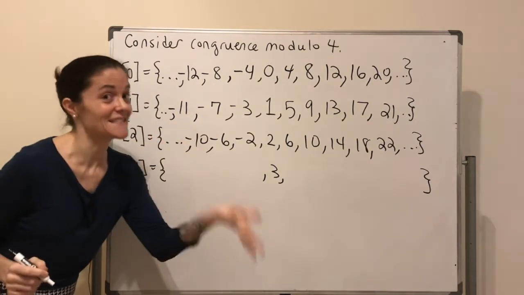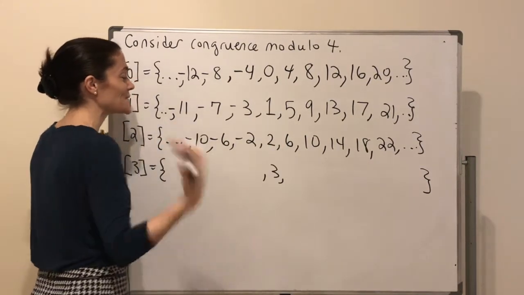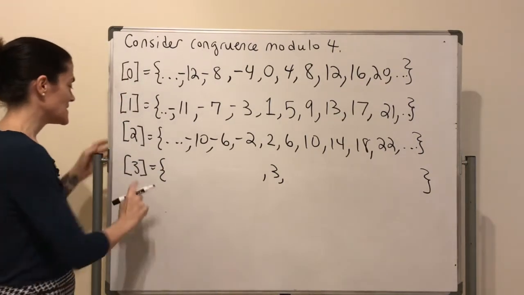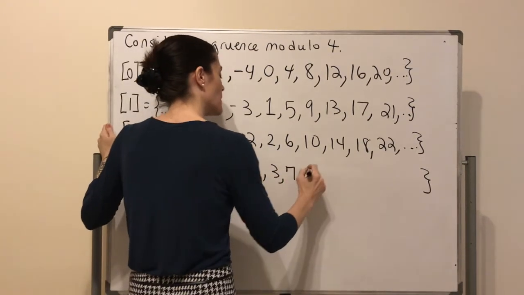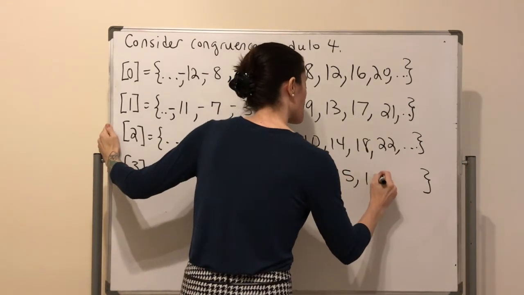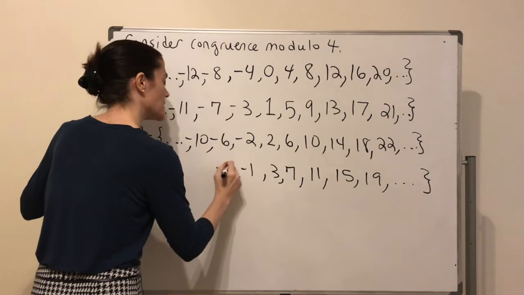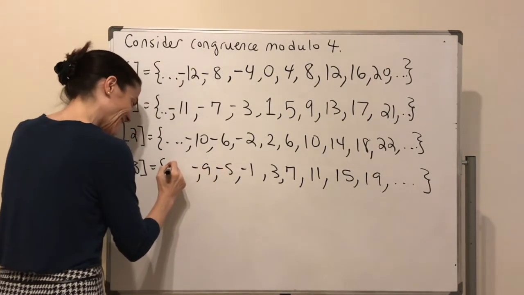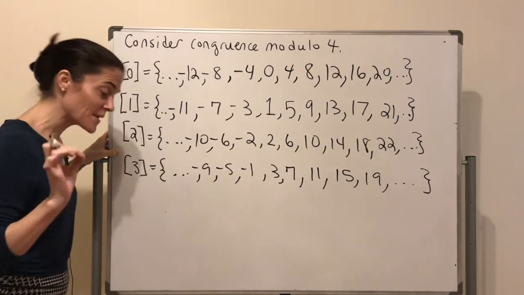Any given one you can check, right? -10 minus 2 is -12, and that's definitely a multiple of 4. Okay, now finally for 3, let's march forward by 4. Like this, and then we march in this direction. This would be the class of 3.